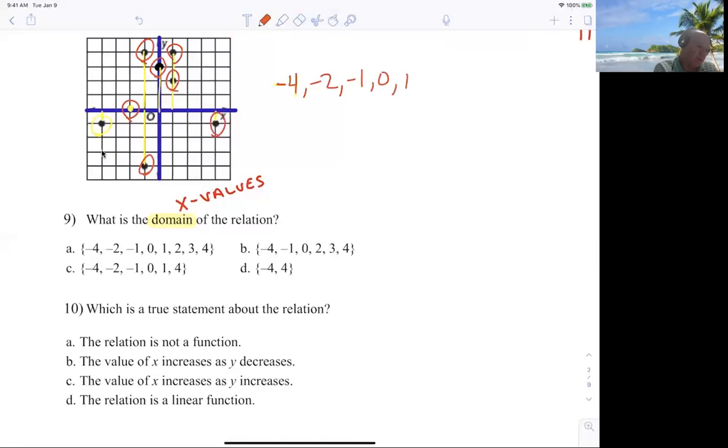And that x coordinate is 1, 2, 3, 4. So that would be considered the domain. You don't have to repeat letters or numbers: -4, -2, -1, 0, 1, and 4. So I believe the correct answer would be C. The correct answer should be C.